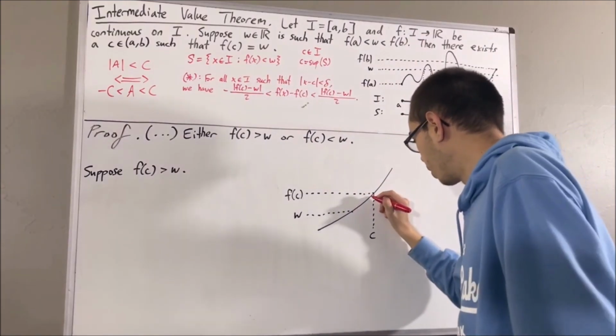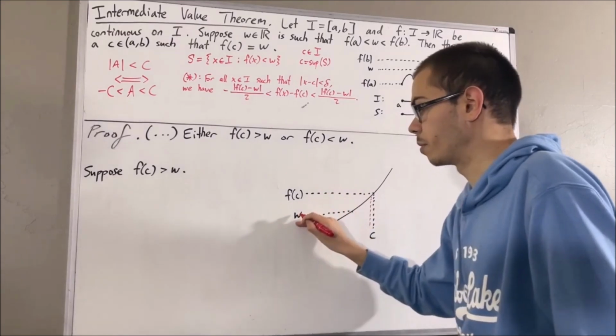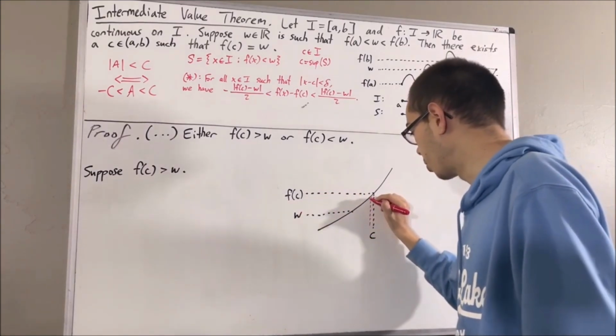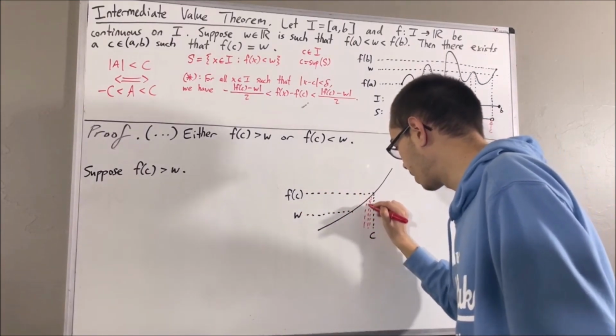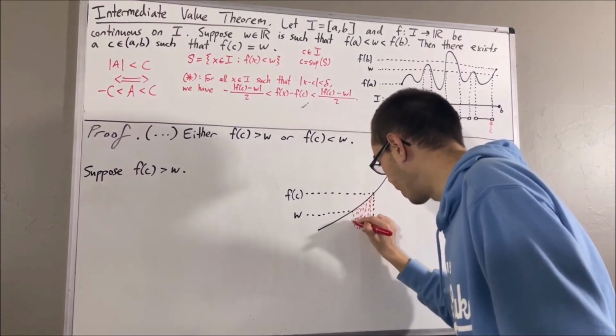Well, if we're right here, then f of x is greater than w, so you're not an element of S. Similarly, if you're right here, not an element of S. Anywhere in this region, you're not going to be an element of S.